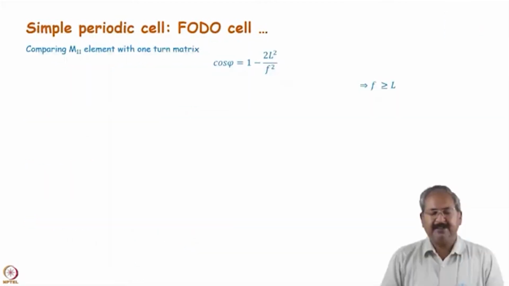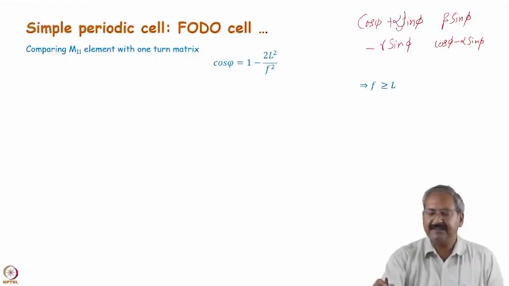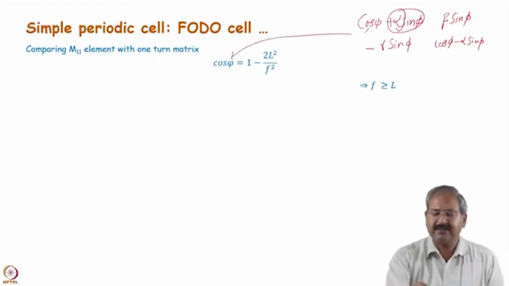Similarly, the M11 element with the one-turn matrix. In the one-turn matrix, we write down cos phi plus alpha sine phi and beta sine phi, then minus gamma sine phi, and then cos phi minus alpha sine phi. Because at that location alpha is 0, this will only be cos phi, and cos phi is written here, it is 1 minus 2L square.